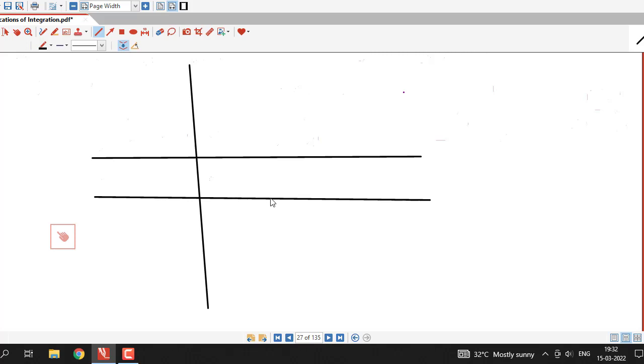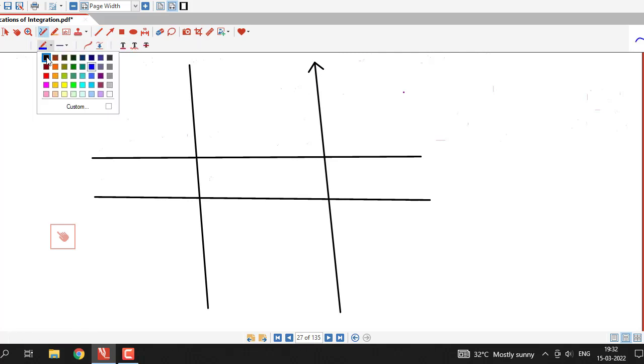So we consider this much distance as 4, and roughly this is the line x equal to 4 and y equal to 1.